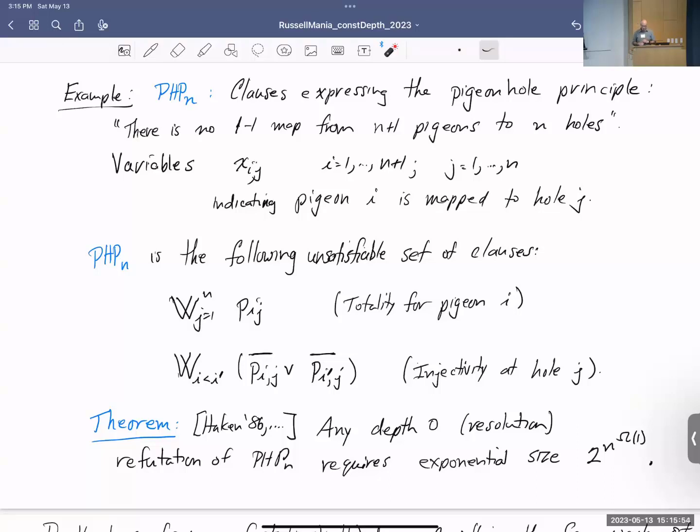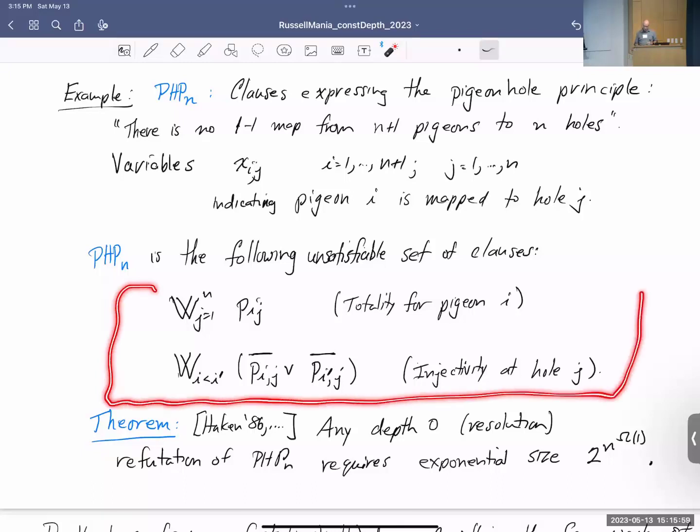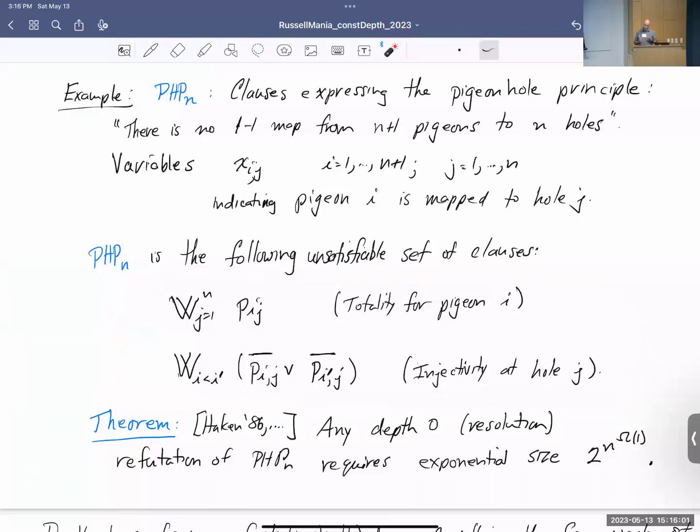And the pigeonhole principle sub n is the following unsatisfiable set of clauses. For each fixed i, there's a clause that says x_i1 or x_i2 or ... up through x_in. So each pigeon goes to at least one hole j. And then for each hole j and each distinct pair of pigeons i and i prime, either pigeon i doesn't go to hole j or pigeon i prime doesn't go to j.